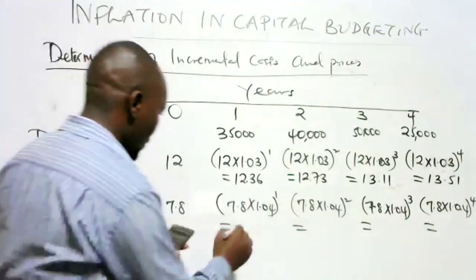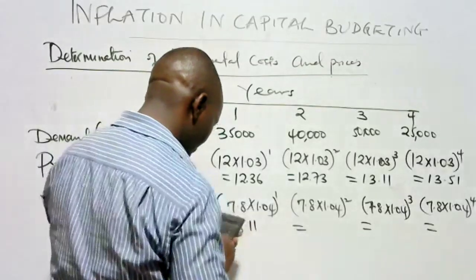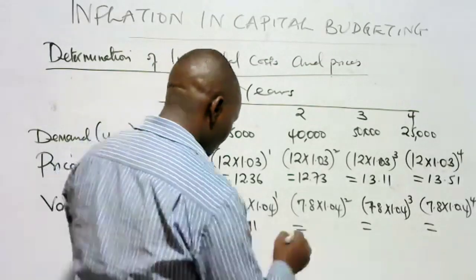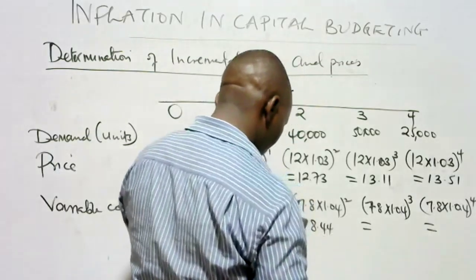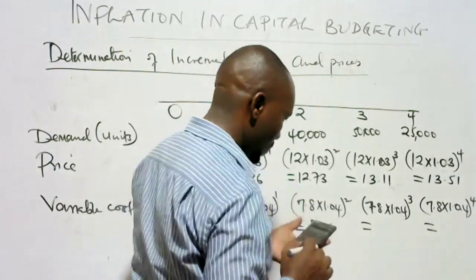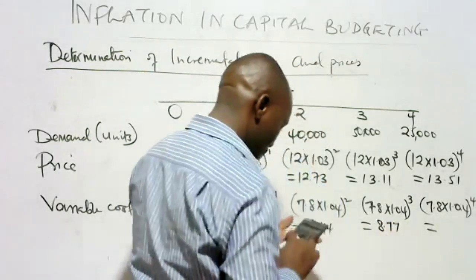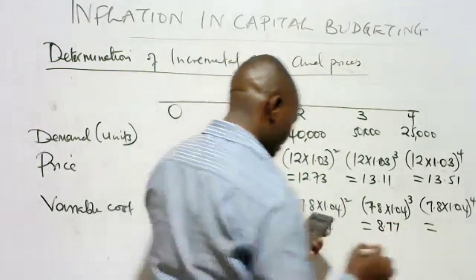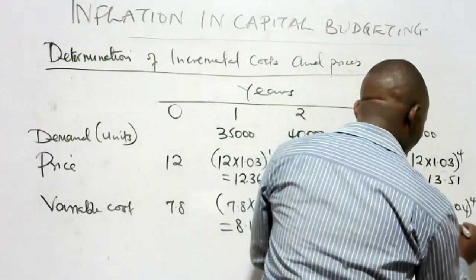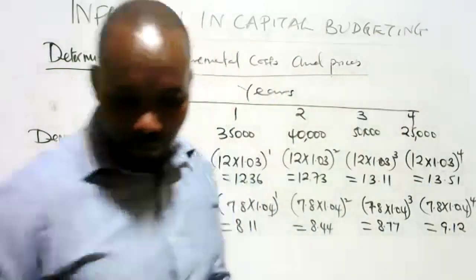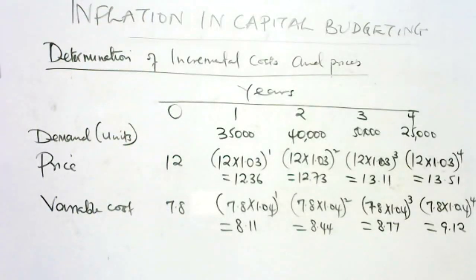Variable cost: Year 1, 8.11. Year 2, 8.44. Then we are told that fixed cost also increases.